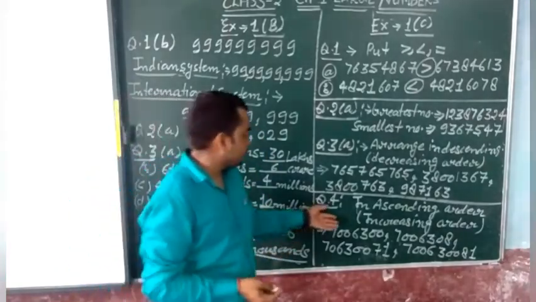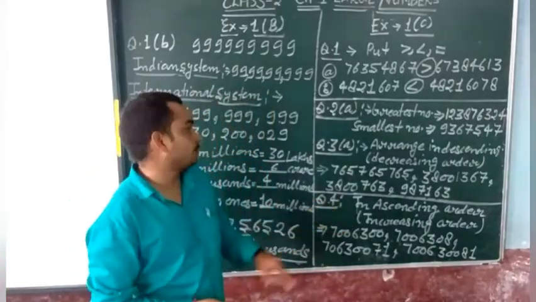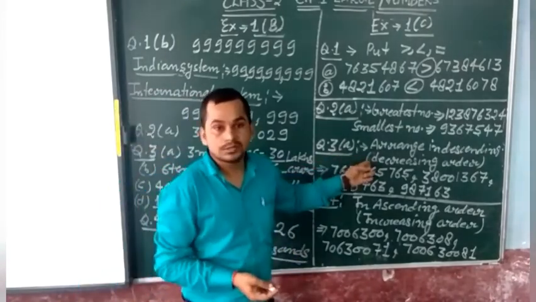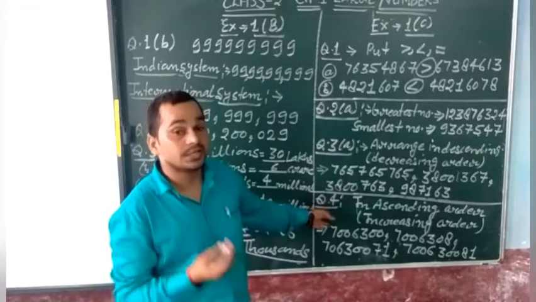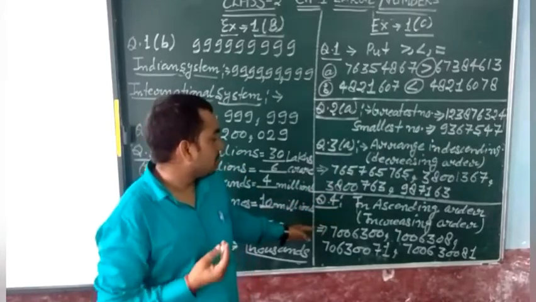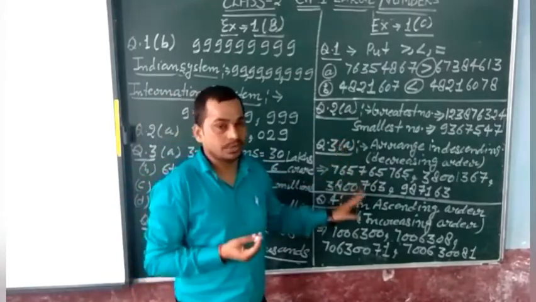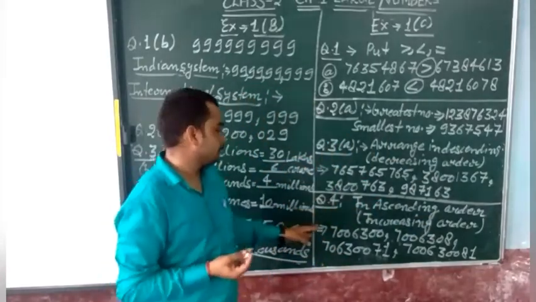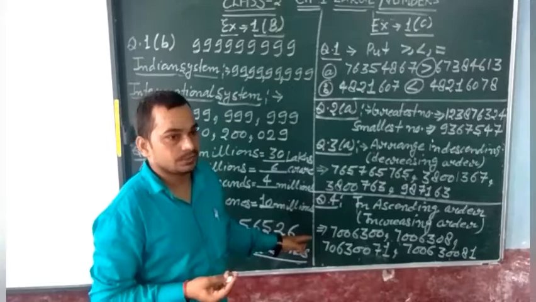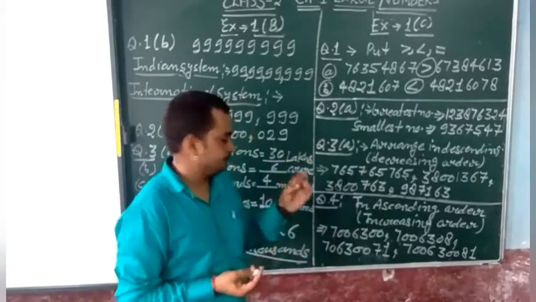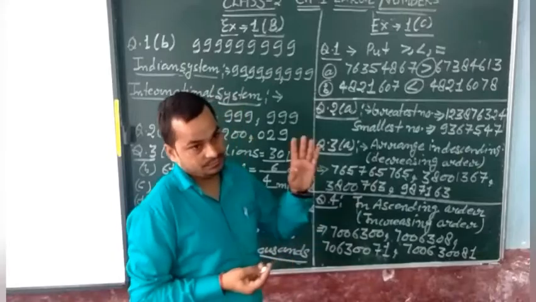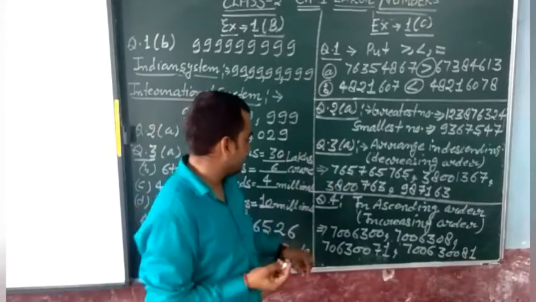Now question number 4. Opposite of question number 3. Here we arrange in decreasing order, and in question number 4 we arrange in increasing order. Increasing order means ascending order. In ascending, that means बढ़ता हुआ. So we write smallest to greatest, छोटे से बड़ा.